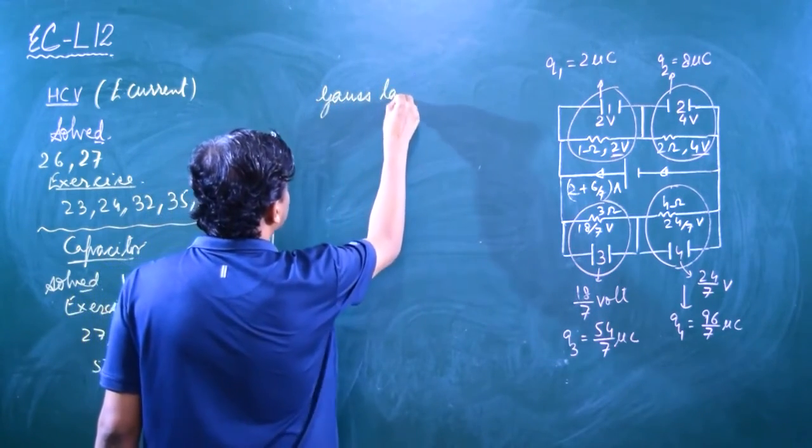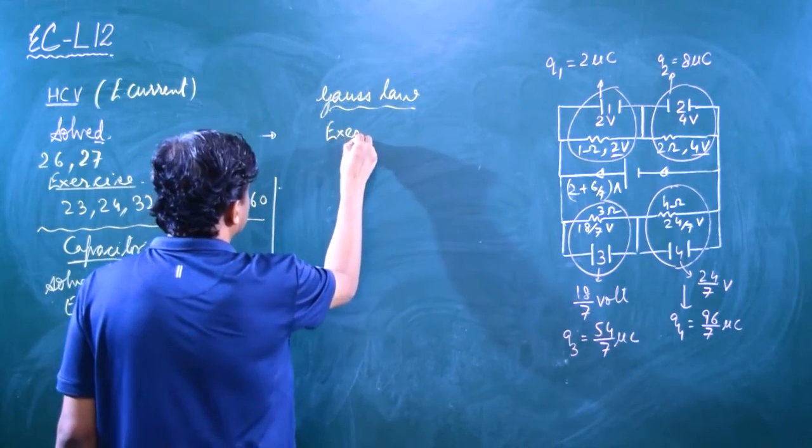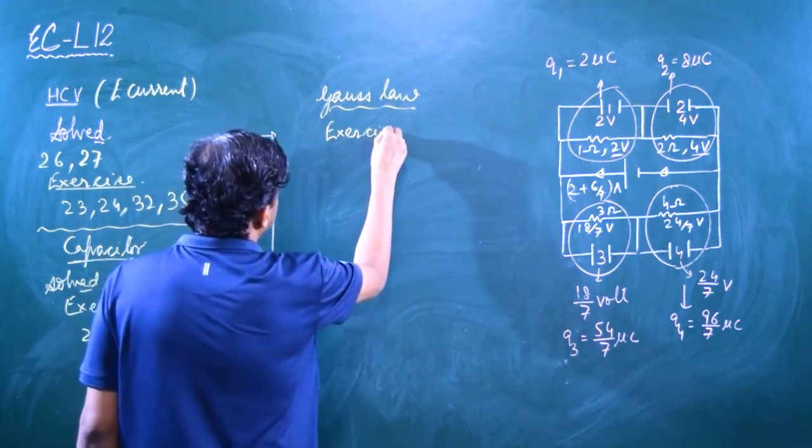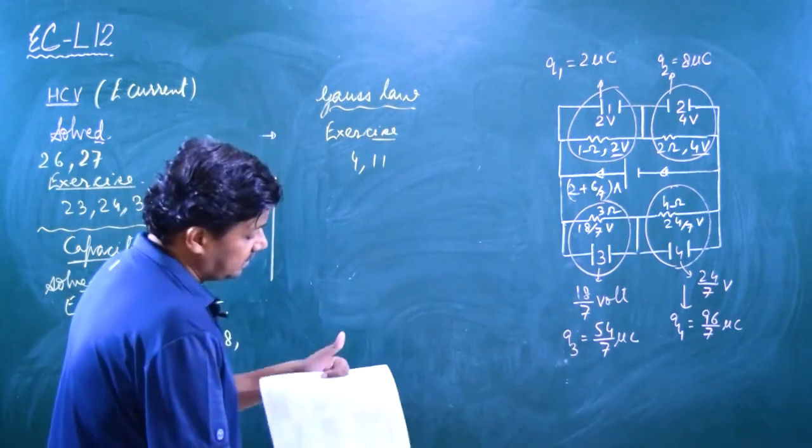From Gauss law chapter of HCV, you must do the exercise question number 4 and question number 11.